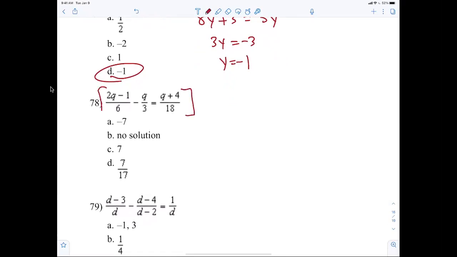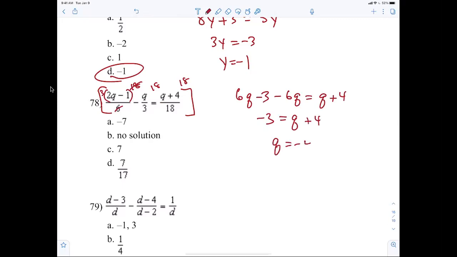So I'm just multiplying each fraction by 18. So it's 6q minus 3 minus 6q. The 18 and the 6 cancel, so you're just multiplying that by 3. Plus 4, negative 7. Q equals negative 7.